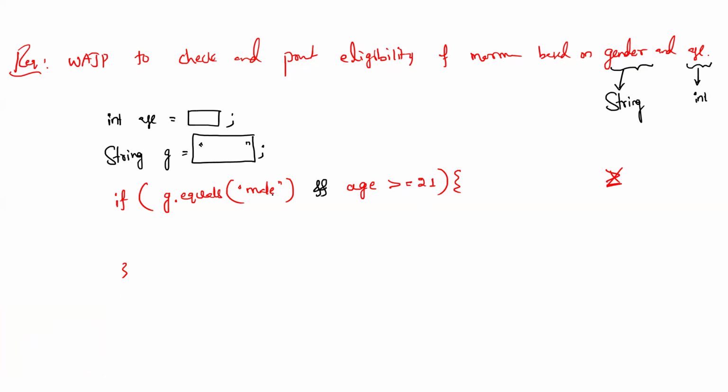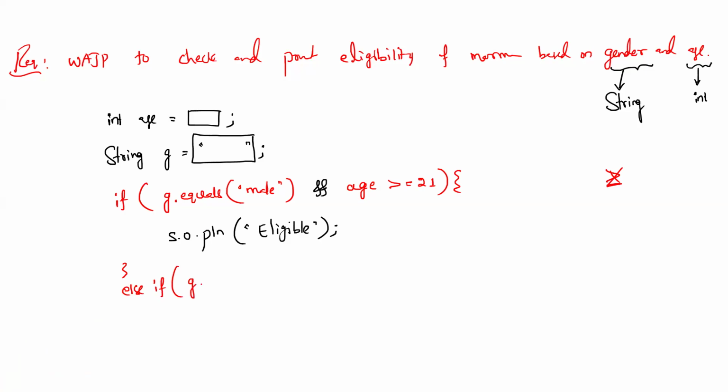And what's the conclusion? If both are true, then yes, print, eligible for marriage. Then what's the alternate? This is for the male scenario. The alternate is the female scenario. What's the next block? Else if.